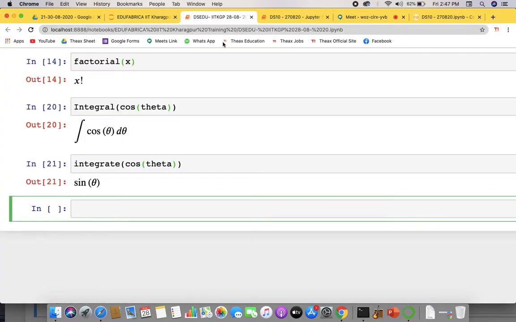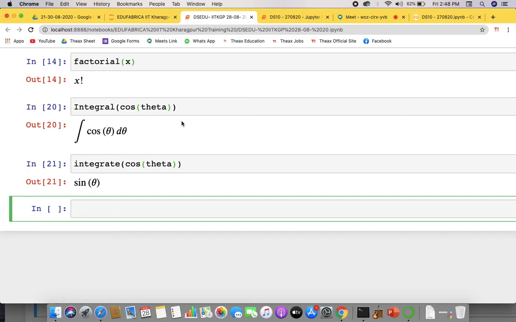Okay. So similarly, if I say that you want to apply any integration with some limits, now this integration is not having any kind of limits, right? This is just cos theta integration, and you got the answer.